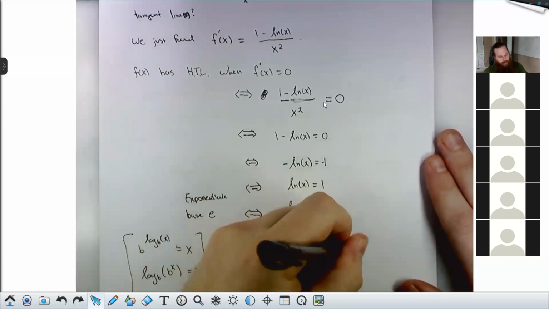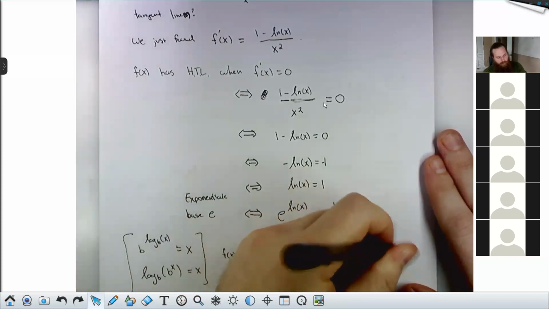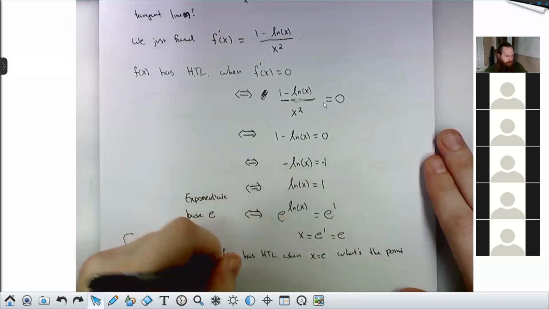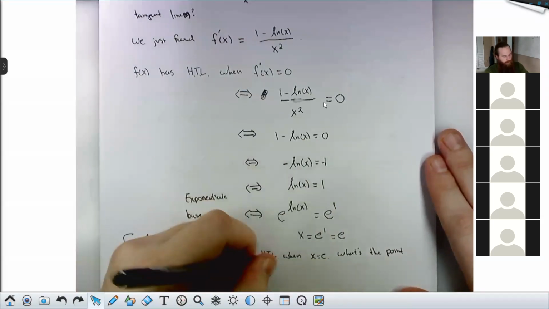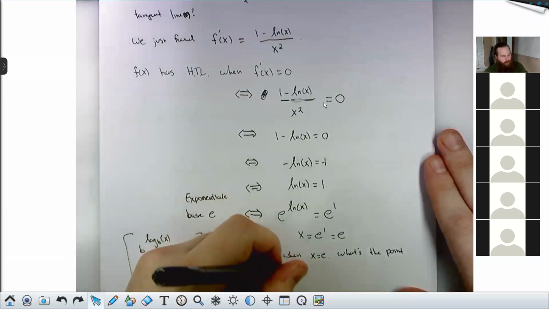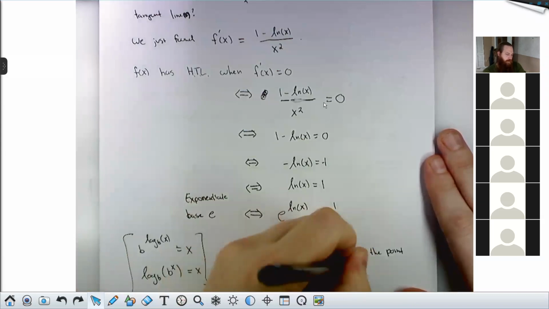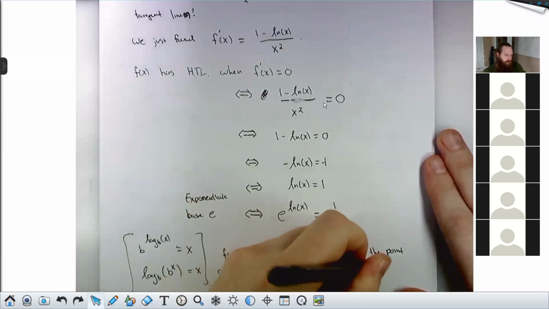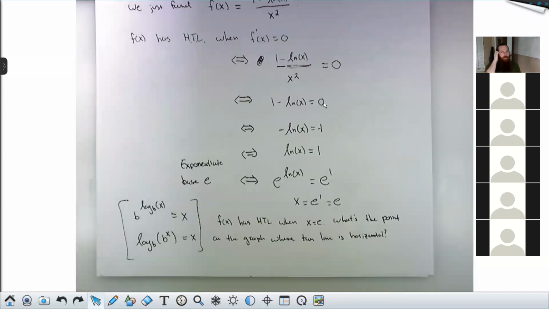I might ask, what's the point on the graph where the tangent line is horizontal? How would I find the corresponding point on the graph? I know the x value.